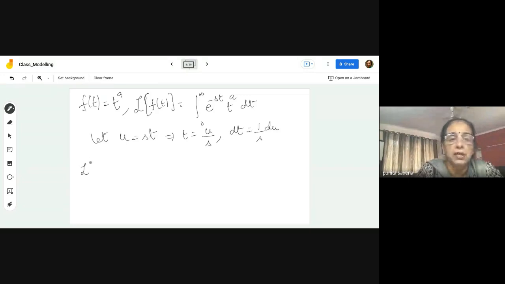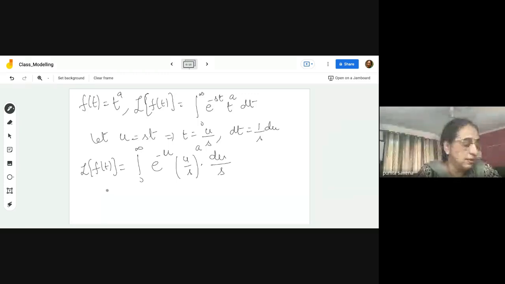So basically your Laplace transform of f(t) is 0 to infinity e to the power minus u, then I have t, which was u by s, to the power a, into du by s. Is that okay? Which is actually nothing but integral 0 to infinity e to the power minus u, u to the power a upon s to the power a plus 1 du.